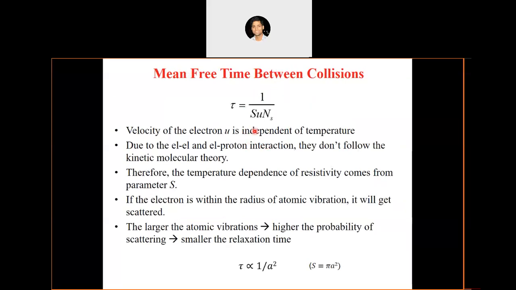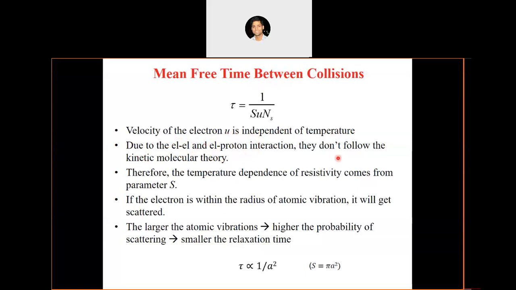Now let us see which are the quantities, because we are trying to derive the temperature dependence of resistivity, right? So let us see which are the quantities which are dependent on temperature. Velocity of the electron u is independent of temperature. We discussed that briefly in the last class also, that electron velocity is independent of temperature, because there is a definite and significant interaction between electrons and electrons. There will be an electrostatic interaction between electrons and electrons, and between electron and proton there will also be an electrostatic attraction, right?